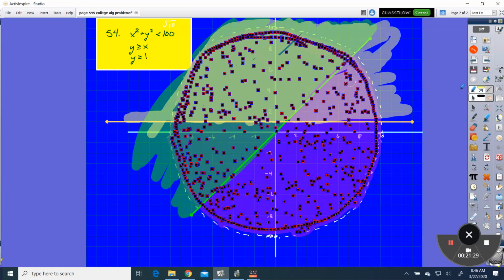So the only place where all three of them are shaded is inside this circle, above that line, and above that line. So this is the only part that is your actual solution, where they all intersect. So anyways, that's the actual solution on that.